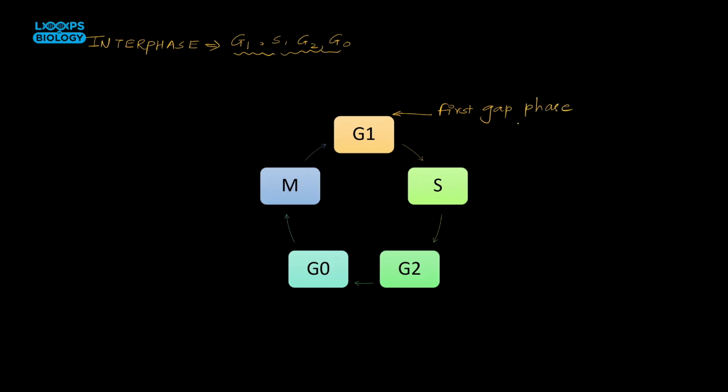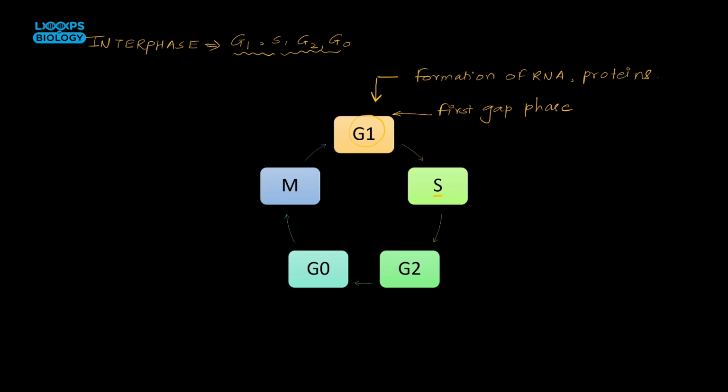Now what is going to happen inside the G1 phase? If we are running cell division, we have seen that we are going to require proteins, and these proteins are required in the S phase. So whatever proteins are required for S phase are formed within your G1 phase. So there has to be formation of RNA and proteins.